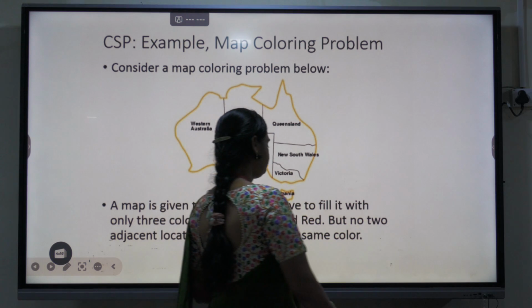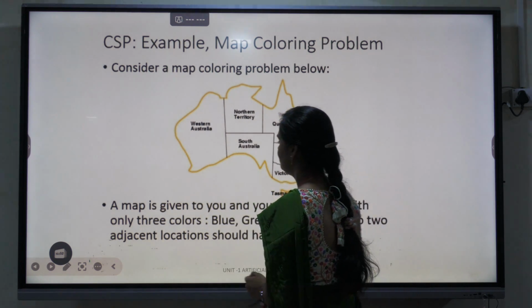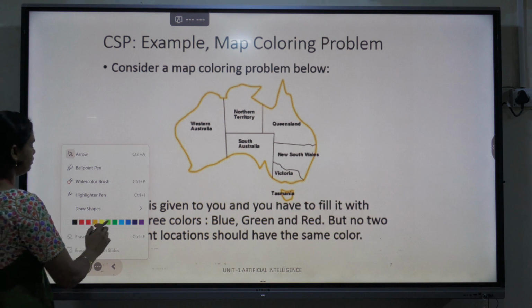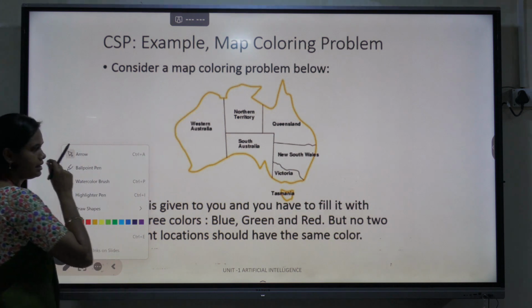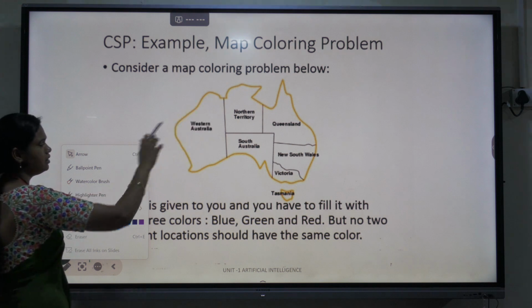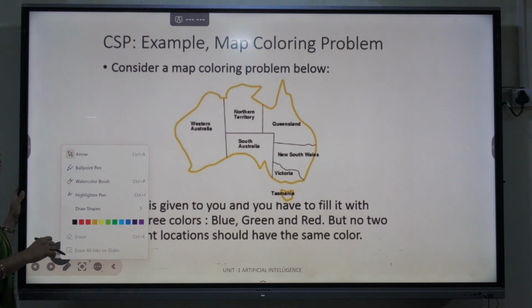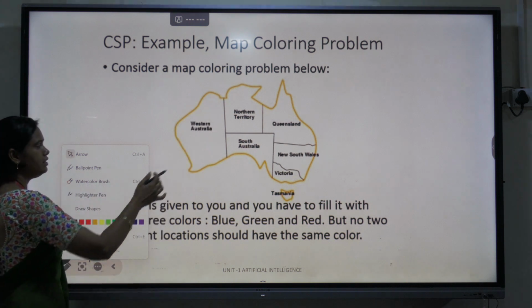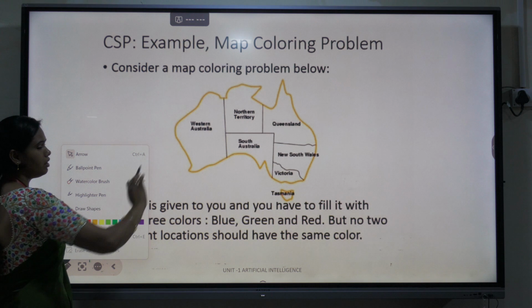Right. So now if you observe this graph, first let us take Western Australia. Since this is the first node, in the map this is the first part, you can fill it with either blue or green or red.